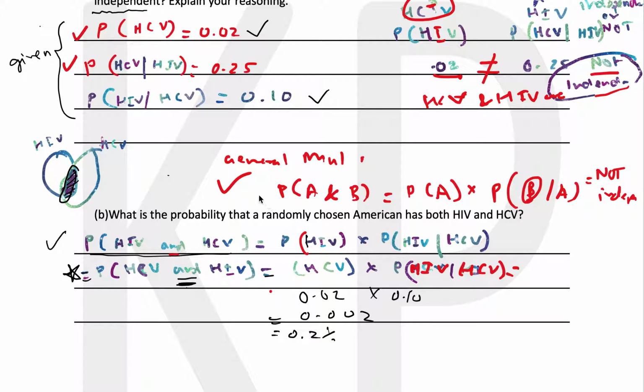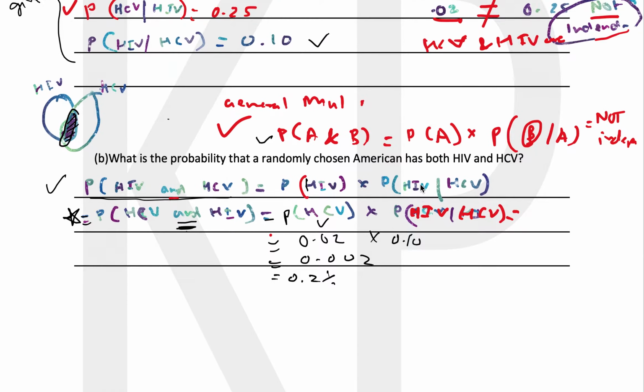And for that, if you apply this rule again, that will be probability of HCV times probability of HIV given HCV has already occurred, because it's B over A. Then you have HCV from here, 0.02, and HIV given that HCV has already occurred, that's 0.10. Then you just multiply and do simple math. You should be able to get somewhere around this. So that's how you calculate the probability of AND of two events which are not independent.